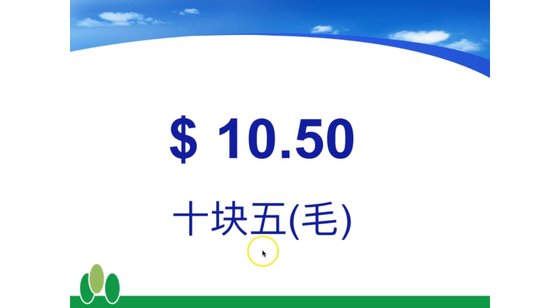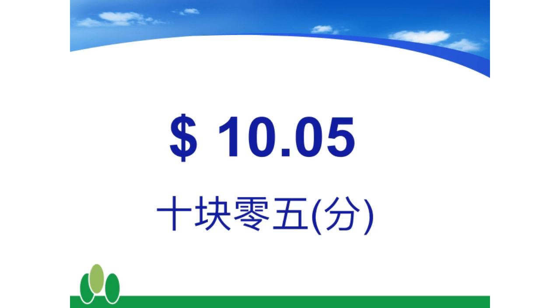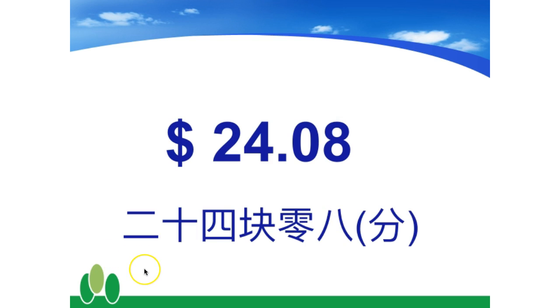10块5 or 10块5毛, that's $10.50, 5 dimes. Or if I add a zero, I change the digit, it would be 10块05 or 10块05毛. Again, just like before, we need that 零 as a placeholder, otherwise the numbers are not the same, they change. 24块08, 24块08分钱.